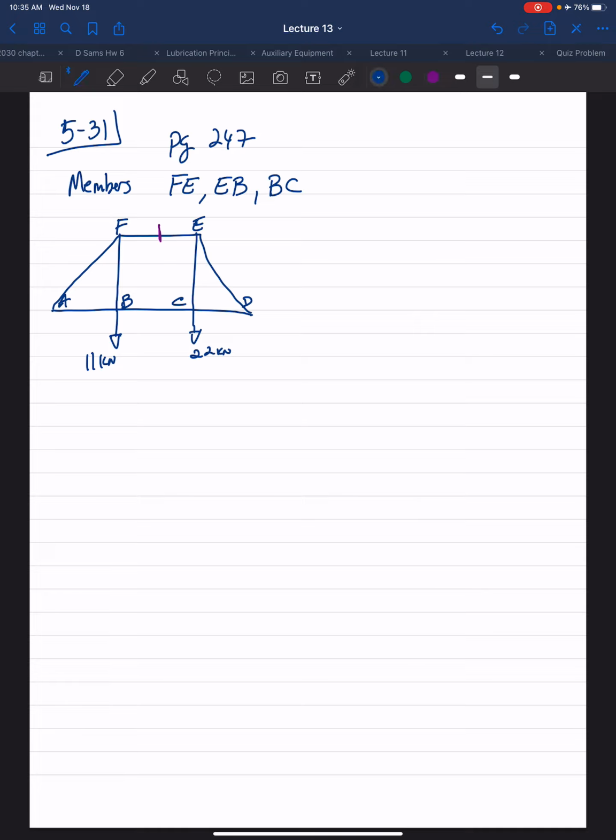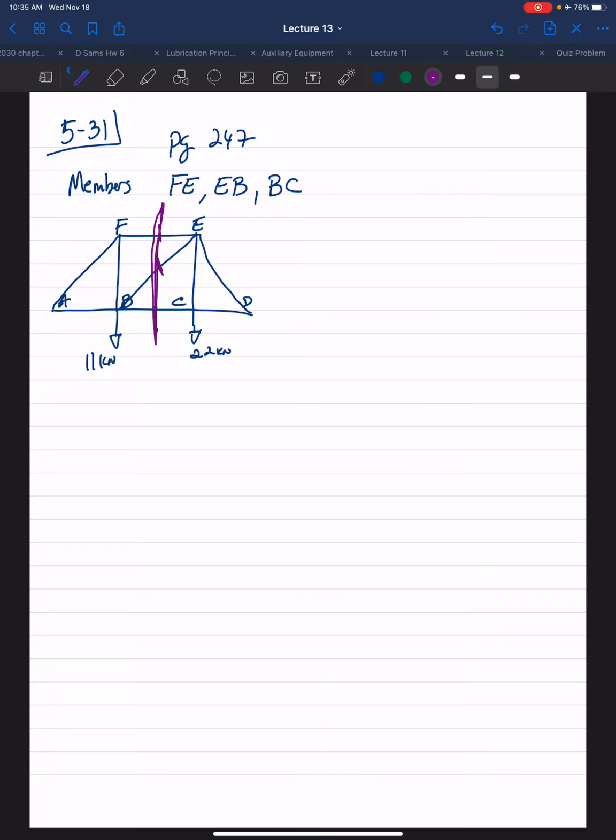Oh, I left off part of the drawing. This goes here. FE, EB, and BC. So a clean cut down the middle. This is where we're going to make our cut.